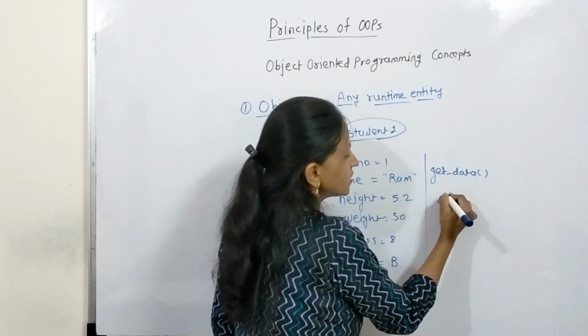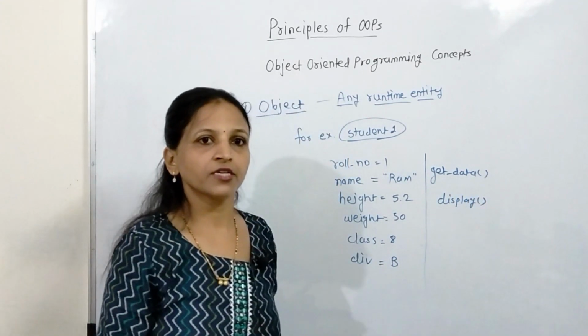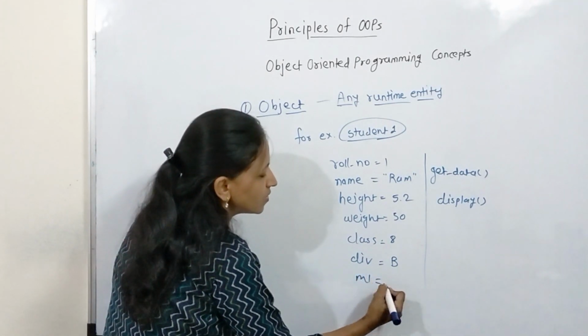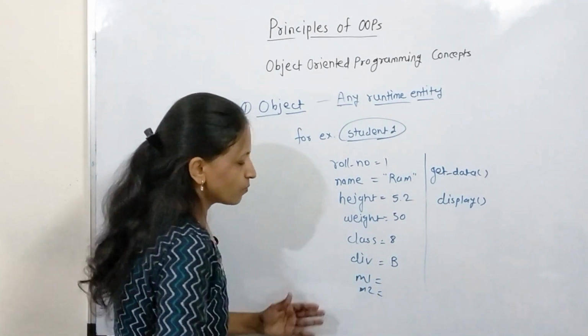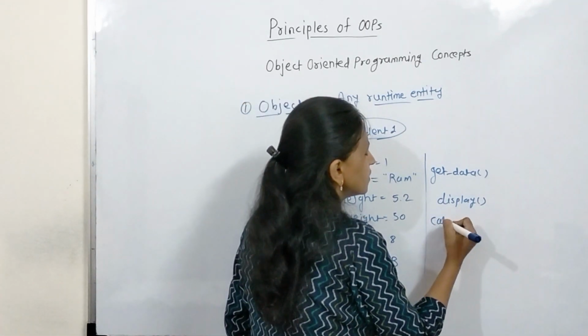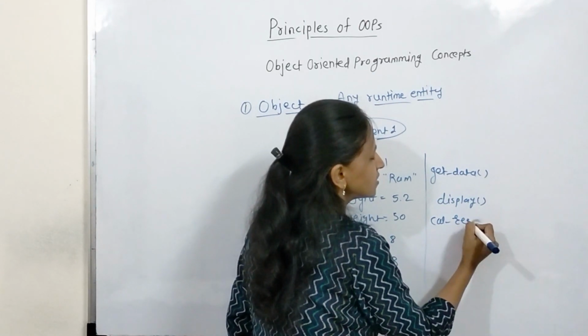Then you can write here display function, that means display information about that student. If this student is having some marks in an examination, let M1 and M2 are marks of 2 subjects, then calculate result. These type of functionalities we can consider.